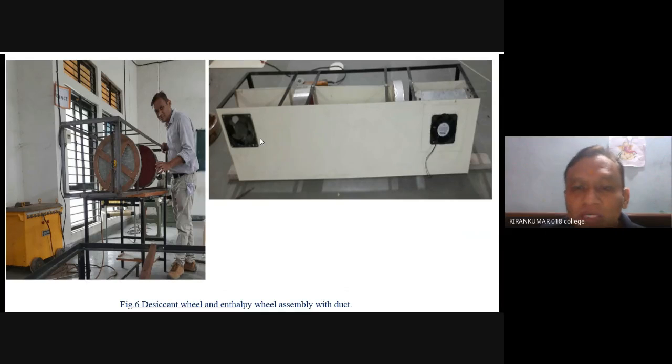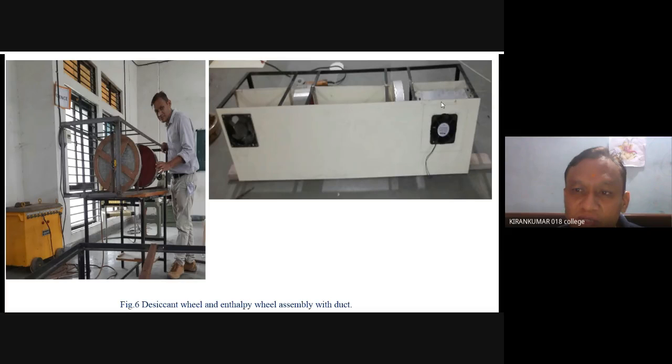Over here, in the duct section, you can see that two portions are divided. On the fan side, there is a suction fan and an exhaust fan. The suction fan supplies air to the cabin, and the exhaust fan sucks the air and supplies it to the desiccant wheel, and from the desiccant wheel to the enthalpy wheel.